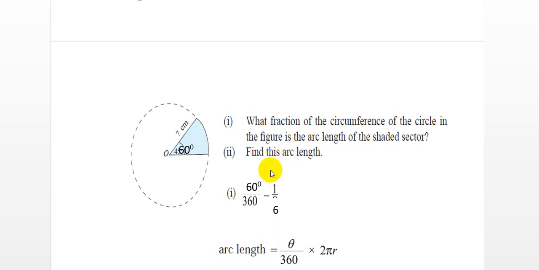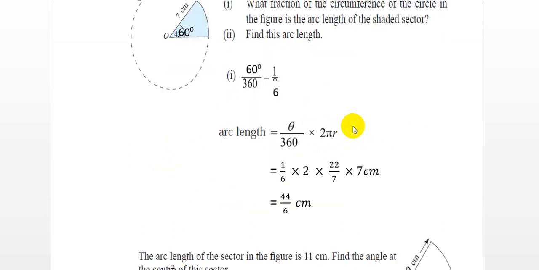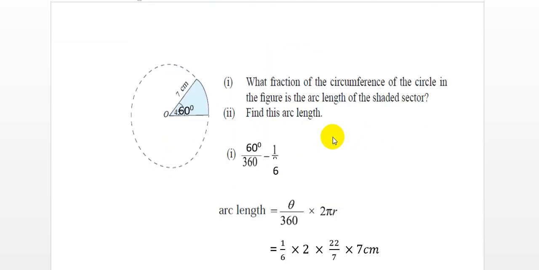The second question is, find this arc length. As I mentioned, in order to find the arc length of a sector of a circle, we use the equation theta over 360 into 2 pi r.